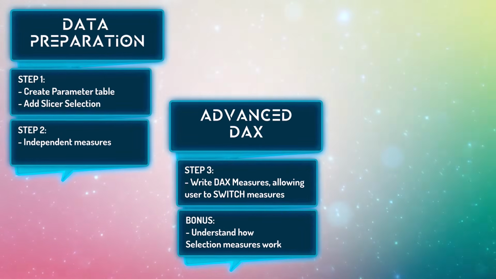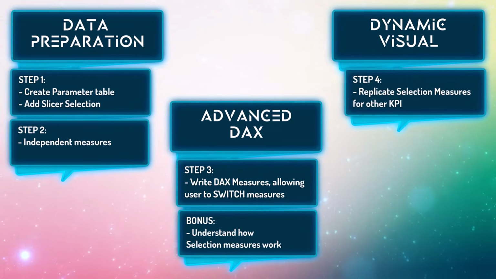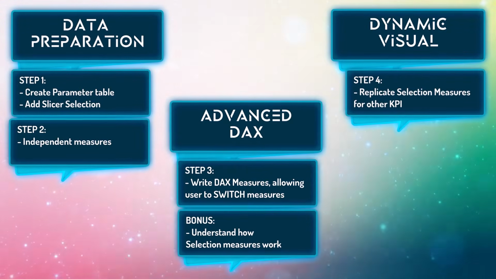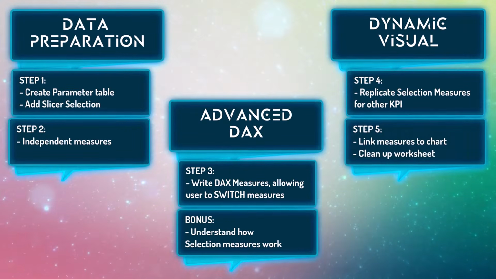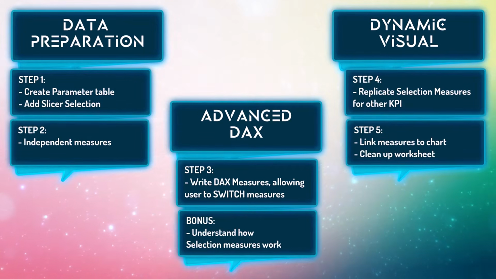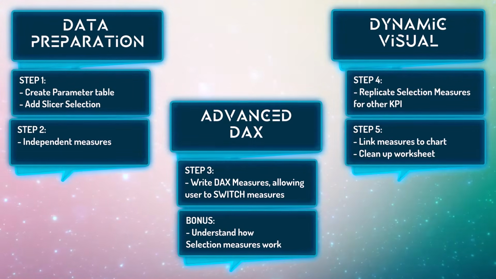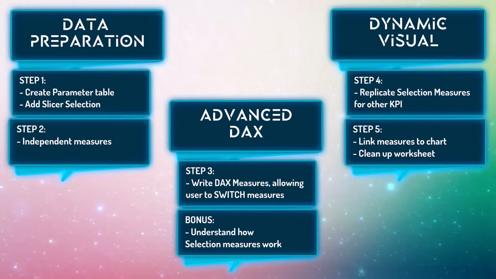Once we understand how the selection formula works, we can apply the same logic for other measures that are required in our charts. And finally, when we have all the measures ready, we will link them to our chart, making it fully dynamic and slicer responsive. Alright, with a clear strategy in mind, let's get started.